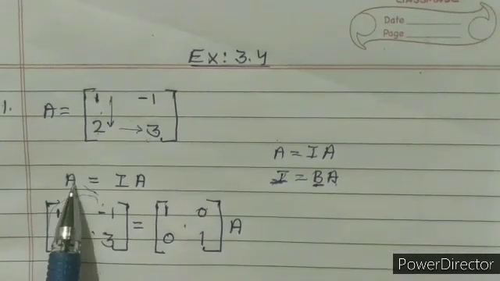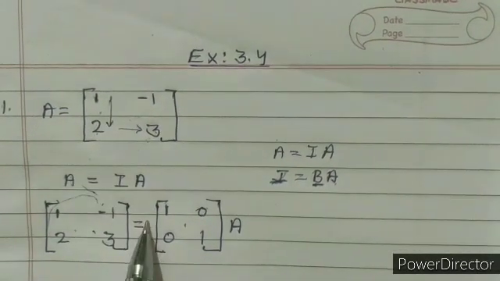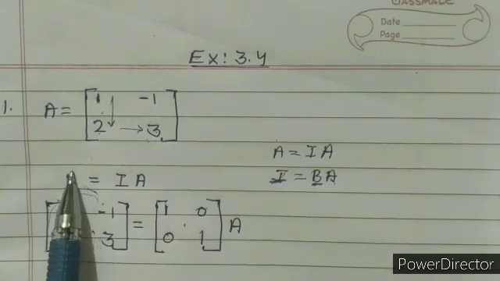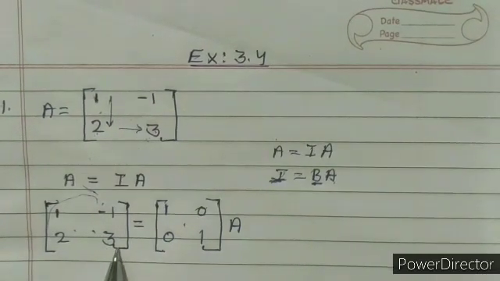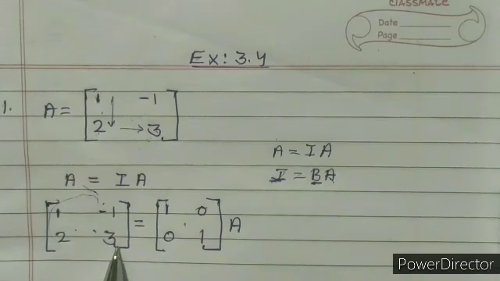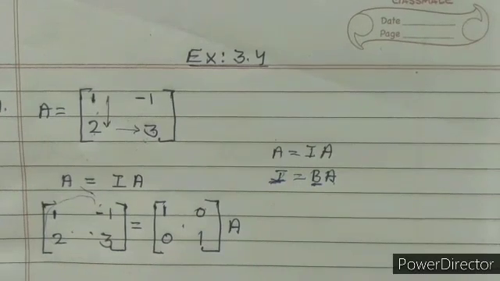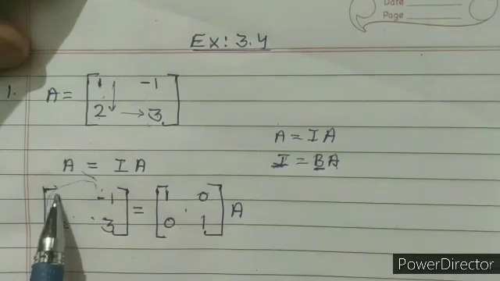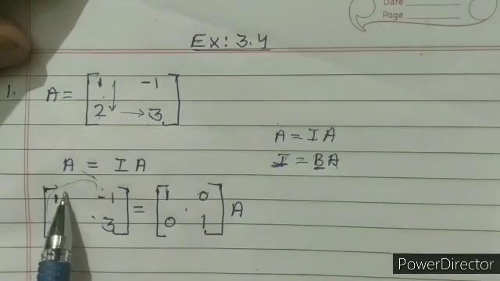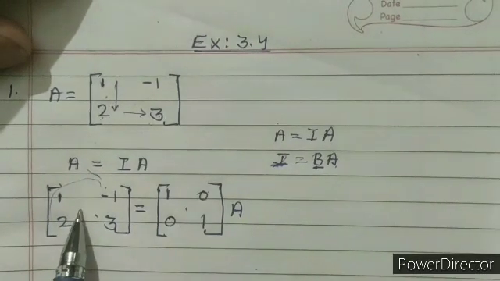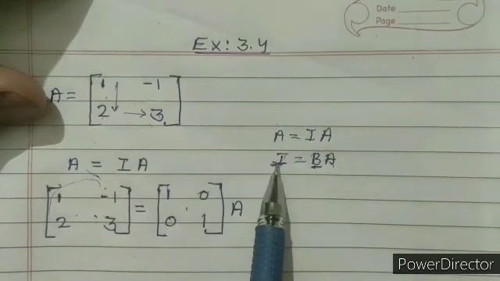Matrix A is already given to us, equal to I, and the identity matrix will be of the same order as matrix A. Matrix A was of order 2 by 2, so we take the identity matrix of order 2 by 2, I into A. Here we apply the sequence of row or column operations on the left hand side to convert it into the identity matrix.